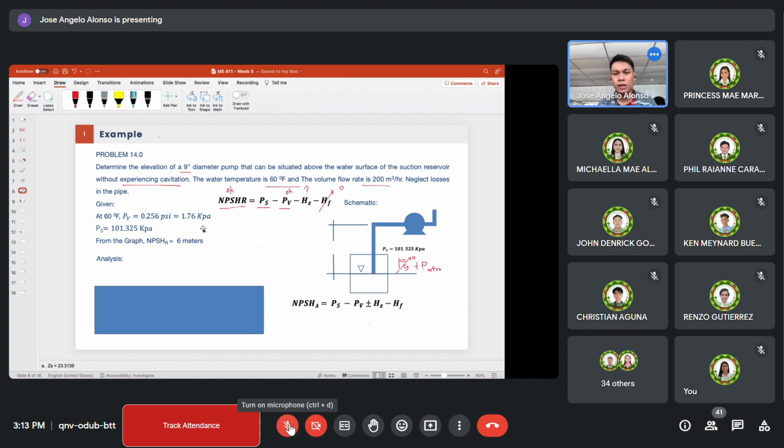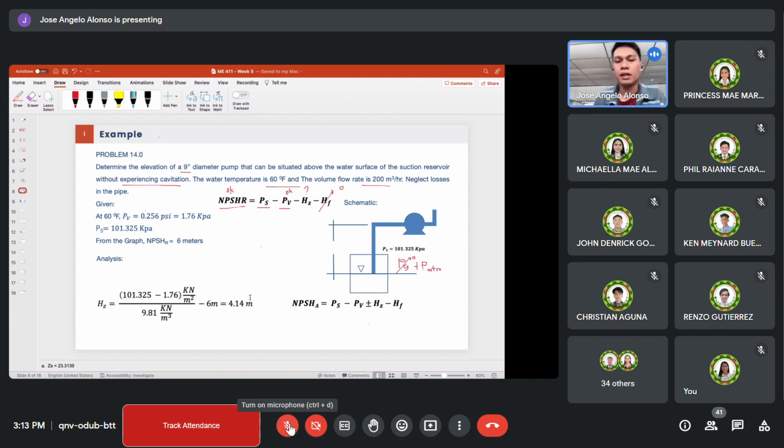One equation, one unknown, makukumpleto natin yung value ng elevation ng ating reservoir below the pump. So just calculate guys, do the math, makakalculate nyo naman. Then we can determine the elevation, which is 4.14 meters.